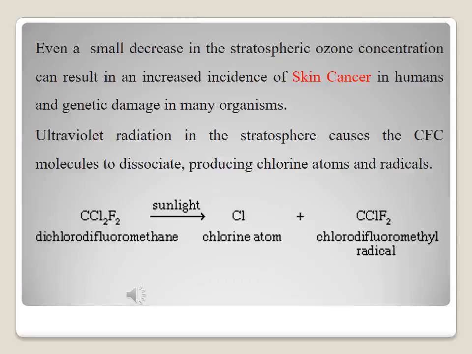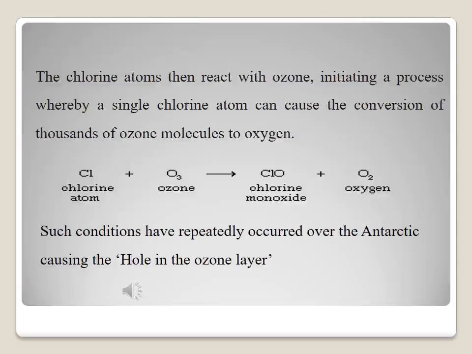In the following reaction, a chlorofluorocarbon molecule dissociates in the presence of ultraviolet radiation into more reactive radical species with one or more unpaired electrons, and this reaction occurs in the stratosphere. The chlorine atom then reacts with ozone, initiating a process whereby a single chlorine atom can cause the conversion of thousands of ozone molecules to oxygen.